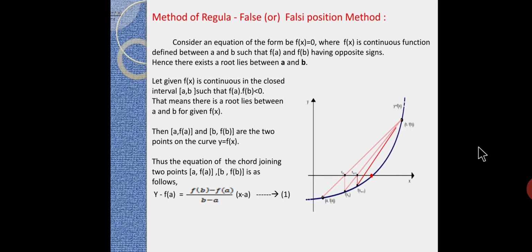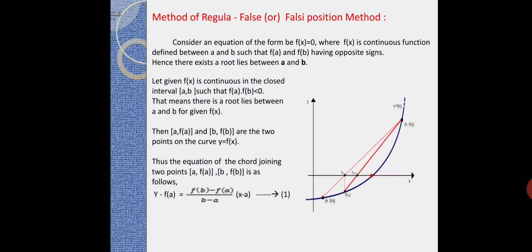Consider an equation of the form f(x) = 0, where f(x) is a continuous function defined between a and b, such that f(a) and f(b) have opposite signs.